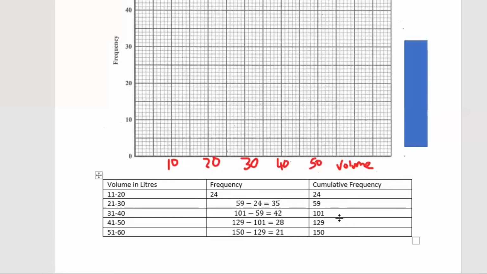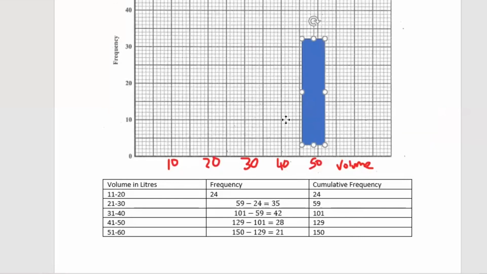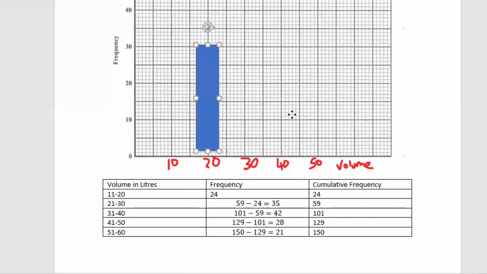So what we know is that we'll be plotting using the boundaries for each class. So we're using the lower class and upper class boundary to plot each group. So for this class of 11 to 20, the lower class boundary is 10.5 and the upper class boundary is 20.5, and the frequency is 24.